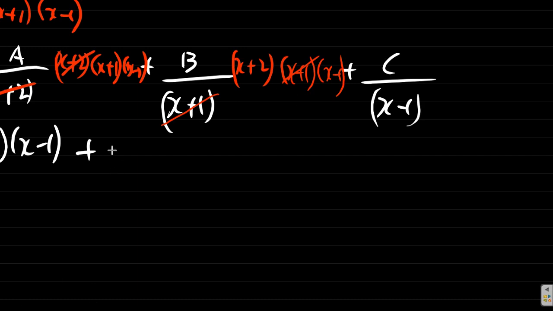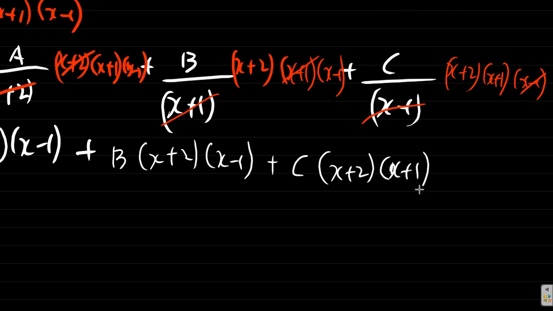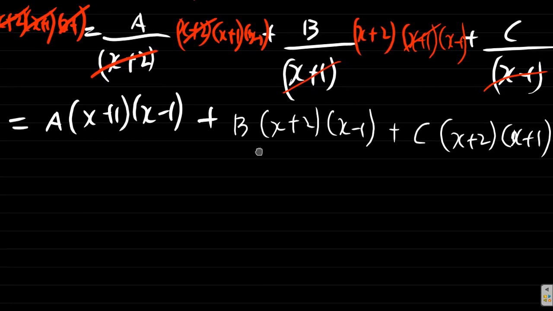So here you're left with b times x plus 2, x minus 1. See that? Plus, what's going to happen out here now? You have x plus 2, x plus 1, x minus 1. Multiply. X minus 1 will cancel x minus 1. So what you have left is c times x plus 2, x plus 1. Right? So you have all of that.